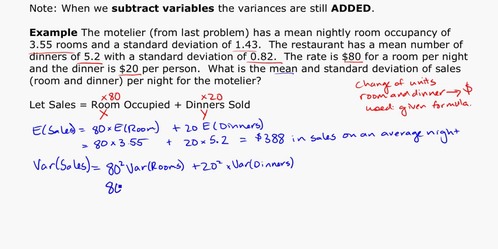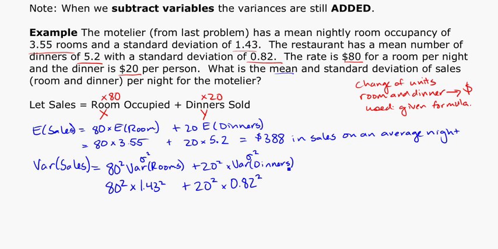So that's going to be $80 squared times, now the variance, remember that's just the standard deviation squared. So our standard deviation for the rooms is 1.43 squared, plus the $20 squared times the variance of the dinners, which is 0.82 squared, because again variance is the standard deviation squared.